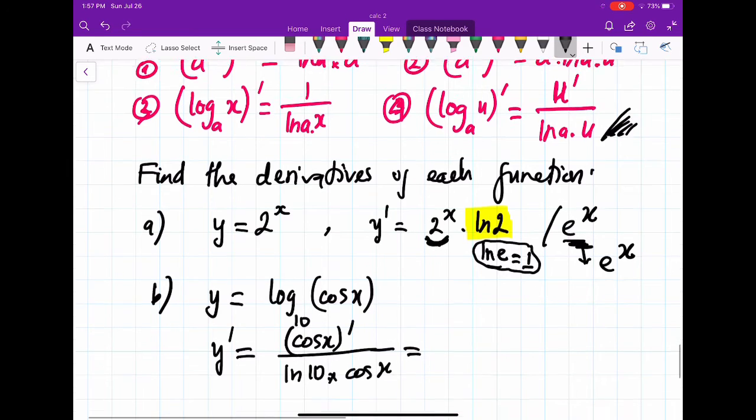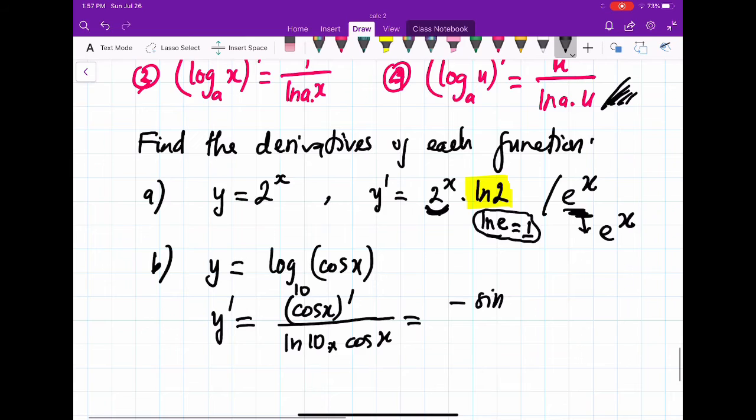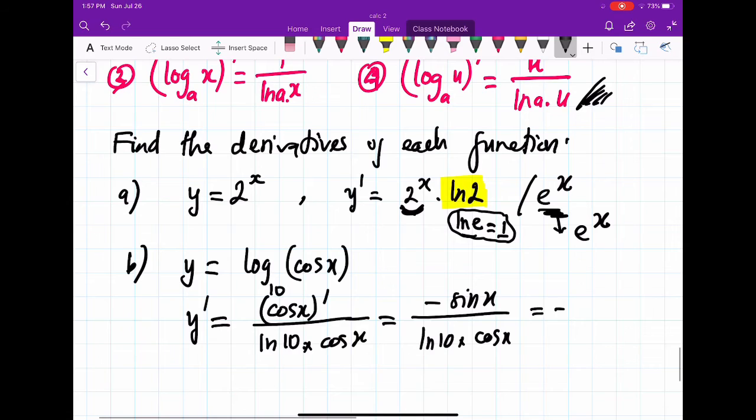The derivative of cosine is negative sine. And here I have ln of 10 times cosine. So you can write in short that is -1 over ln of 10 times tangent of x. Okay.